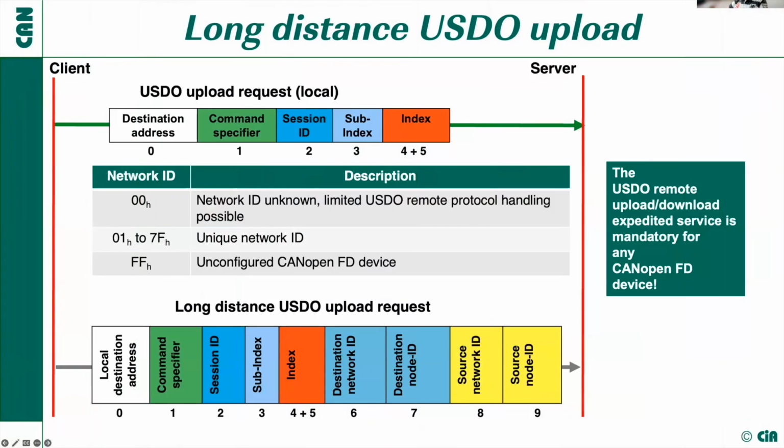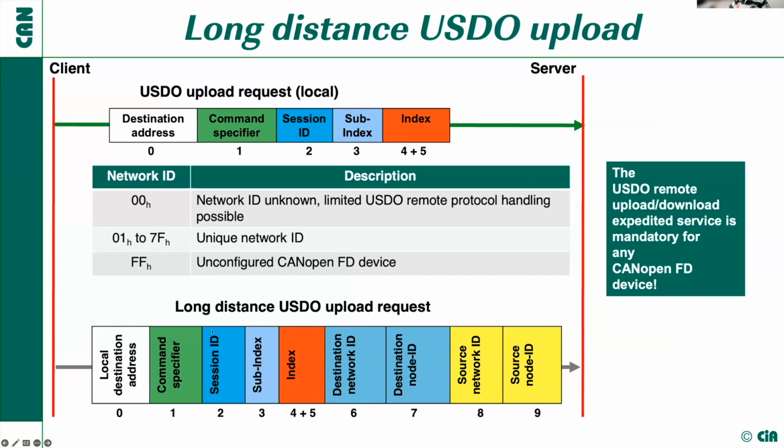And relevant later on also for Oscar's talk might be this: for all the communication types in the USDO, we have the local version, if I just consider a local network where all devices are connected to the very same wire, or I can also have the remote USDO. So this is two times the very same format.